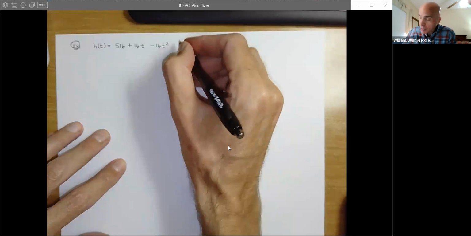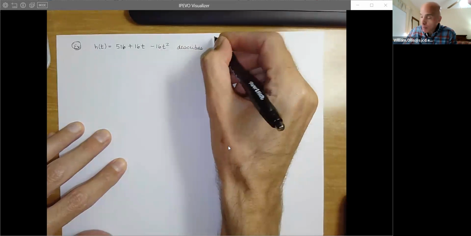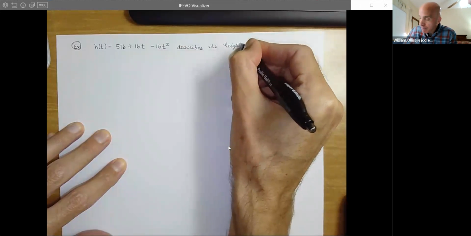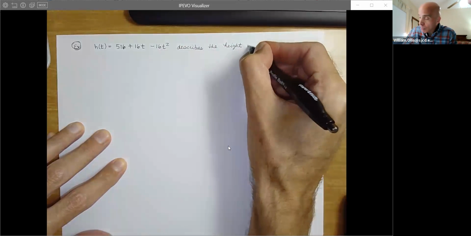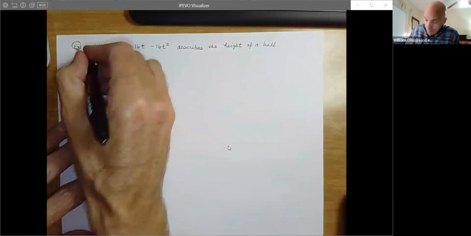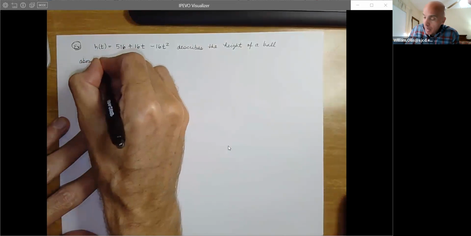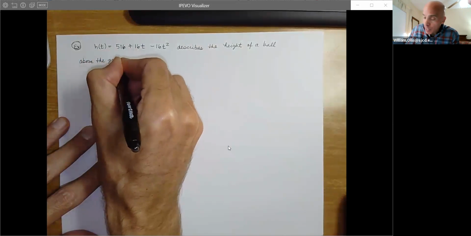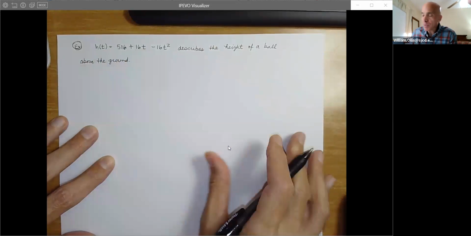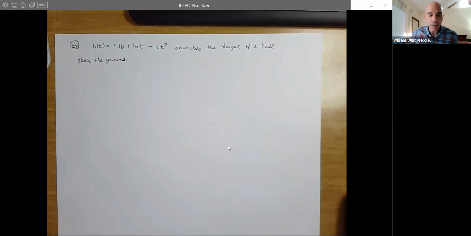And what this does is this describes the height of a ball above the ground. Now, when you take your physics classes, and maybe you've already had a good physics class in your high school setting, you will actually derive this formula using some derivatives and integrals. So that will be particle kinematics.